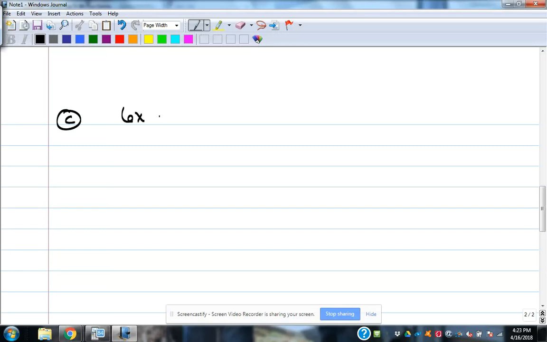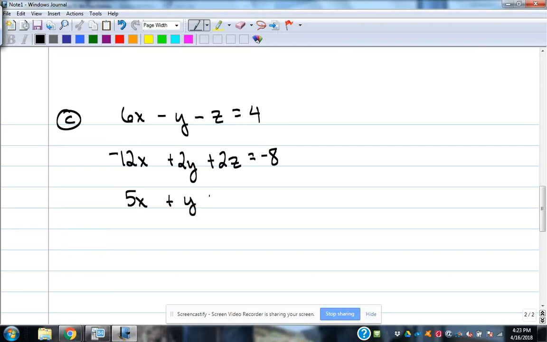Here's our system. 6x minus y minus z equals 4. -12x plus 2y plus 2z equals -8. 5x plus y minus z equals 3. Is everything in the right order?